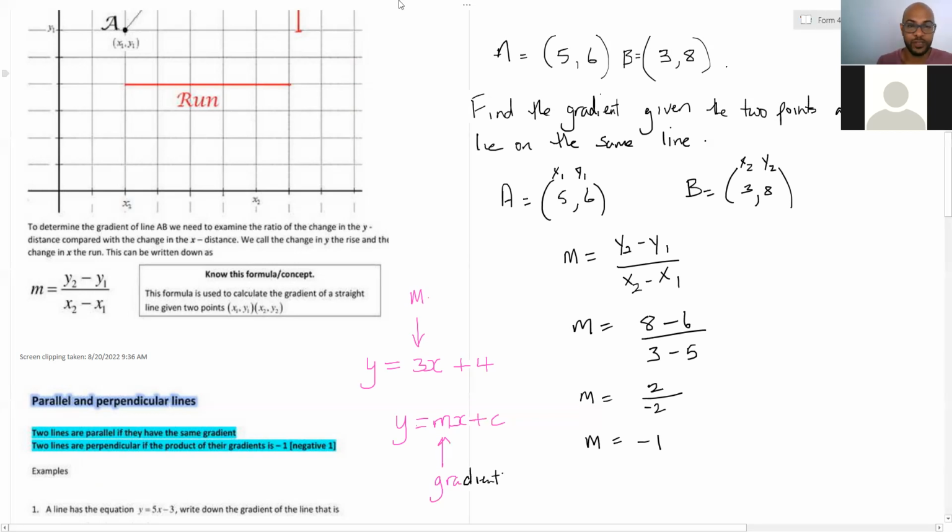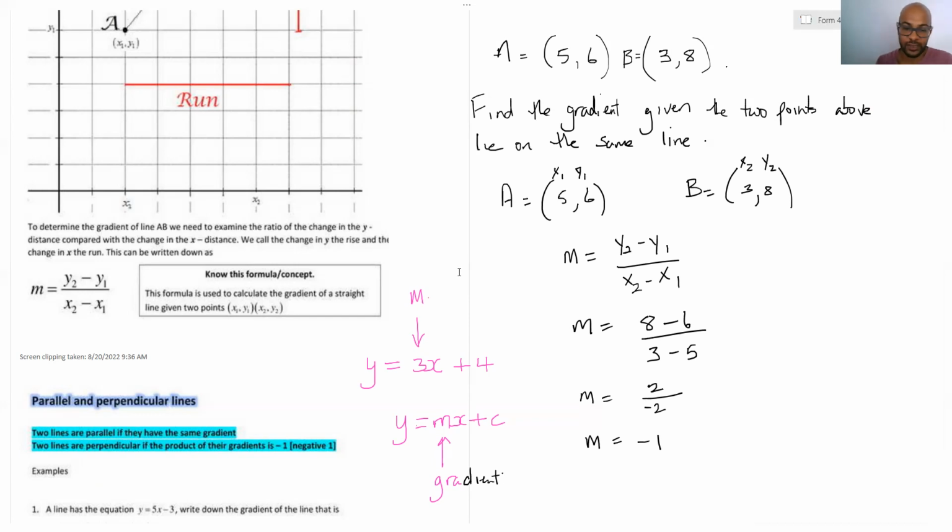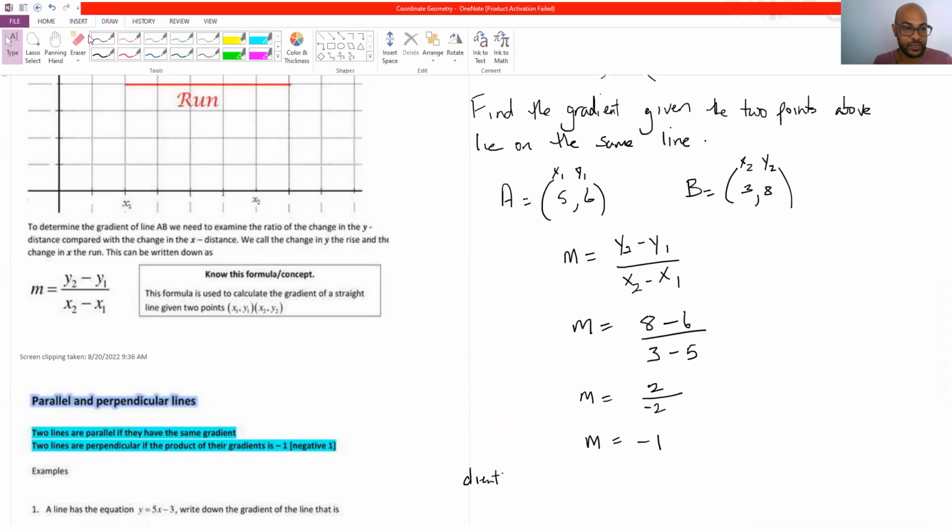Now, important for us to know as well is parallel lines and perpendicular lines. They have a relationship that we can identify them by based on the gradient.